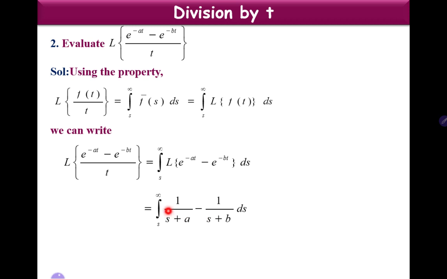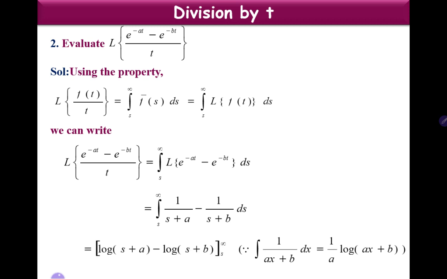Now, we have to integrate 1 by s plus a minus 1 by s plus b. What is integral of 1 by s plus a? It is log of s plus a, because integral of 1 by ax plus b is 1 by a times log of ax plus b. And here, of course, this a is 1. Similarly, integral of 1 by s plus b is log of s plus b. Now, when we have these logarithmic terms and infinity as one of the limits, we cannot directly apply the limit.